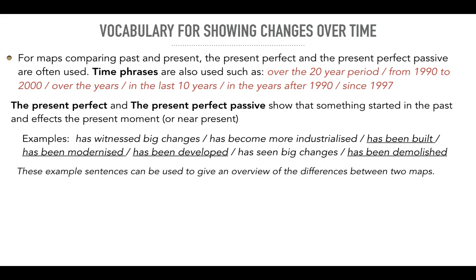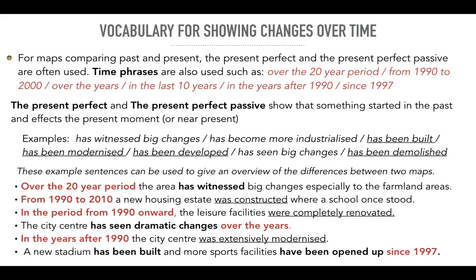So these example sentences, we can use these, for instance, in an overview. When we're writing the overview of a MAPS task, we can use something like, over the 20-year period, the area has witnessed big changes, especially to the farmland areas. So these orange phrases are time phrases: from 1990 to 2010, in the period from 1990 onwards, over the years since 97.